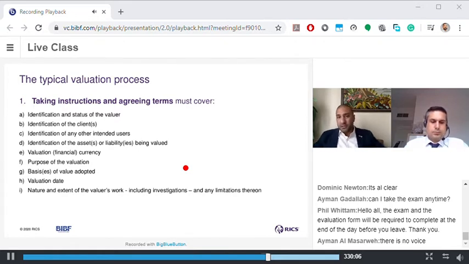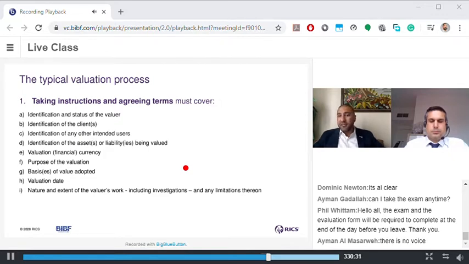But in any of those formats, engagement agreements, there has to be an identification and the status of the valuer. The valuer has to state his or her name, RERA registration number, what classification they're at, whether A, B, C, or D, and what their title is.